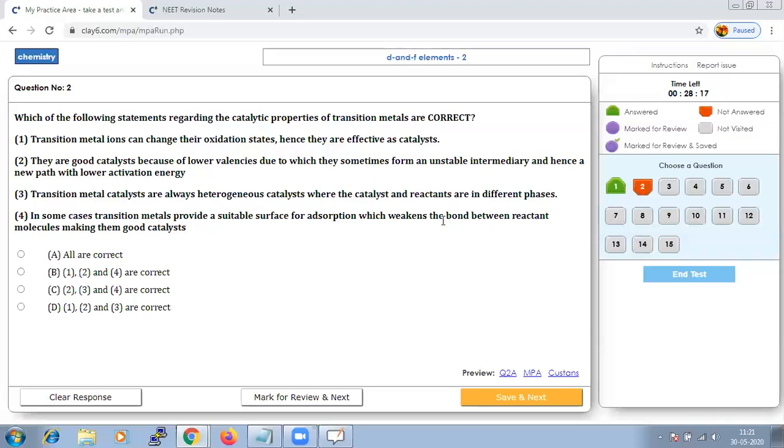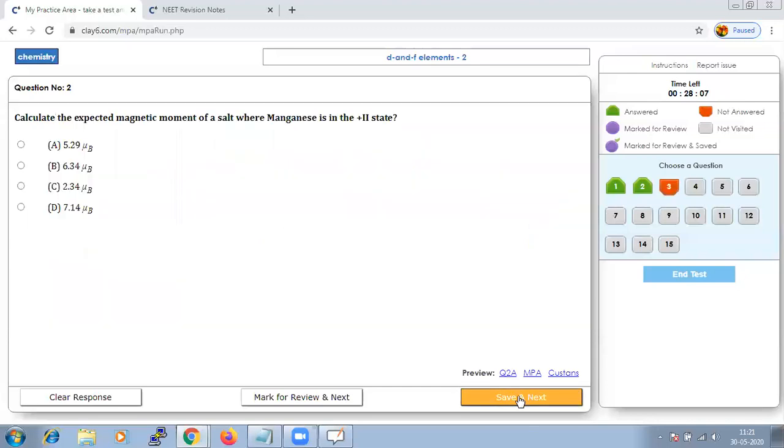It is correct. So 1, 2 and 4 are correct, which means option B is correct. Let us save that and go to next. Calculate the expected magnetic moment of a salt where manganese is in the +2 state. As I told you, let us solve it out.